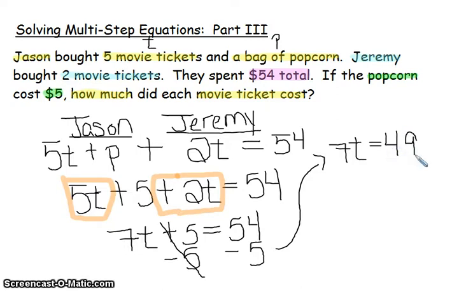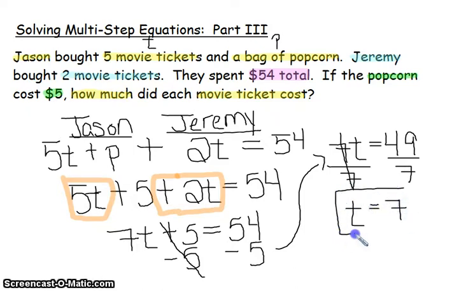And then the opposite or inverse operation of multiplying by 7 would be to divide by 7. So 7 divided by 7 gives you 1. So I have 1t equals 7. So the ticket price is $7.